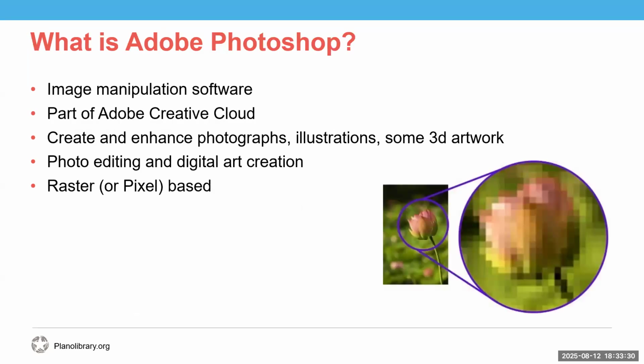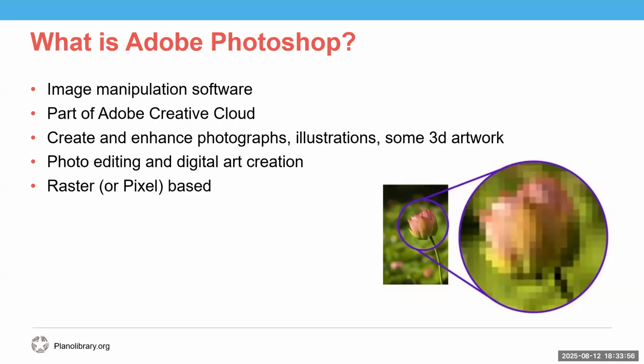So, what is Adobe Photoshop? Photoshop is an image manipulation software, part of the Adobe Creative Cloud. It is used to create and enhance photographs, illustrations, and 3D artwork. Photoshop has many functionalities, and the two most used are photo editing and digital art creation. One thing to note is that Photoshop is raster or pixel based.